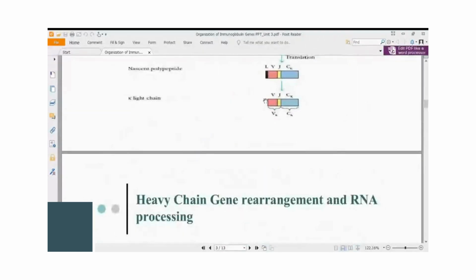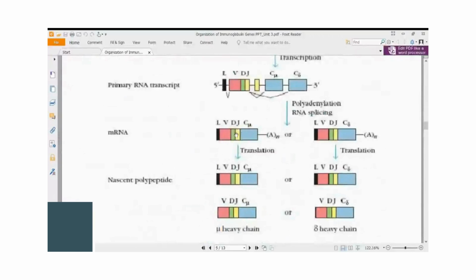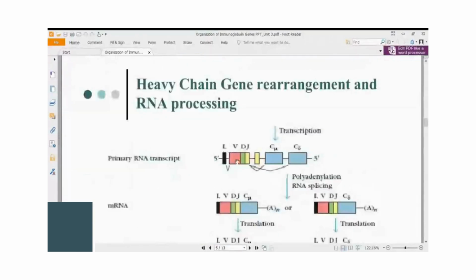So let us say this kappa chain has been expressed in the B lymphocyte, that is the pre-B cell, and this heavy chain has been expressed choosing the 21st variable region gene with the C mu, and that 21st variable gene has combined with the constant region of the heavy chain of the mu, and the 21st variable region gene has combined with the constant region of the delta. VDJ combination is there, where 13 amino acid sequences of the D segment and 13 amino acid sequences of the J segment have contributed to the variable region segment.